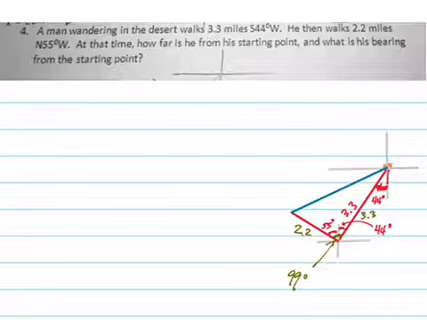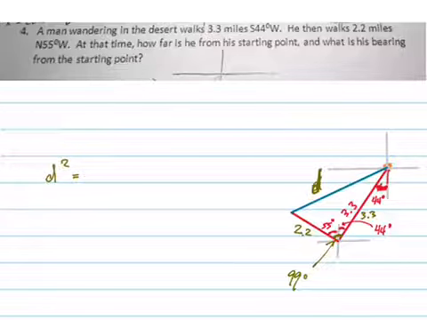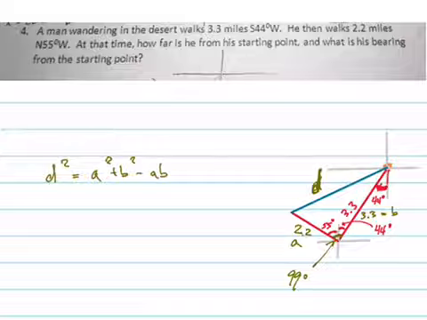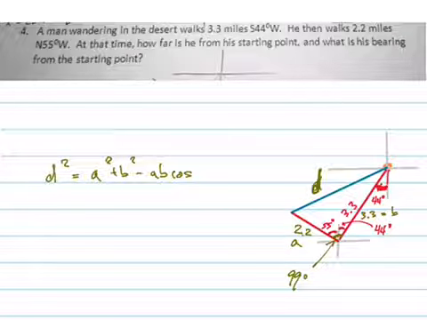You can use the law of cosines to find x over here, or let's call it d, the distance. We'll call these sides a and b. d squared equals a squared plus b squared minus 2ab cosine of the angle, and that angle is 99 degrees.